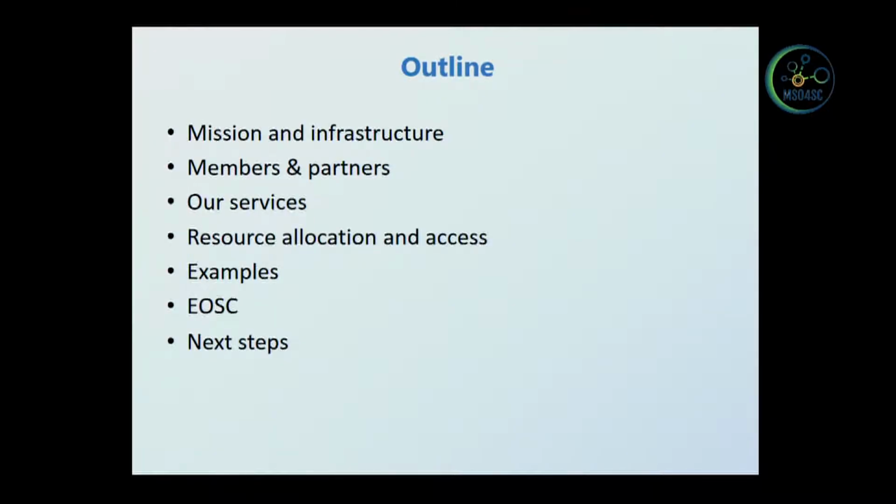In this short overview, I will give a very brief introduction to EGI, including what we are, what we do, what is the infrastructure we offer, who we are, where you can find us, and then I will talk about the services that we offer and that we can provide for communities.